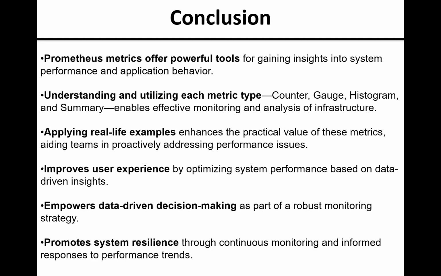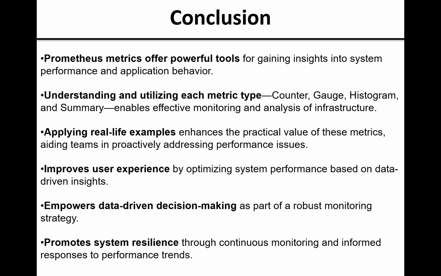In the conclusion, Prometheus metrics offer powerful tools for gaining insights into system performance and application behavior. Understanding and utilizing each metric type, like counter, gauge, histogram, and summary, enables effective monitoring and analysis of infrastructure. Applying real life examples enhances the practical value of these metrics, aiding teams in proactively addressing performance issues.